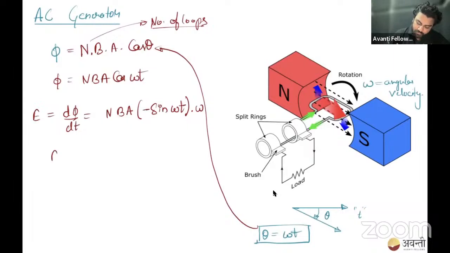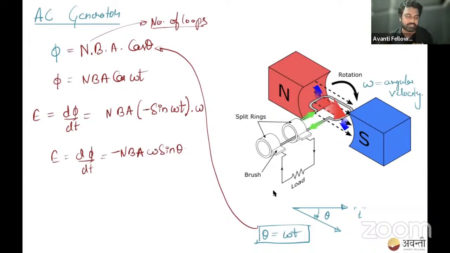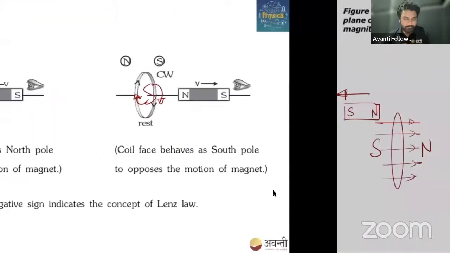So EMF is equal to d phi by dt, which is minus N B A omega sin theta. Acha bacho, one thing I want to tell you which I missed by mistake. Let us go back a little bit.